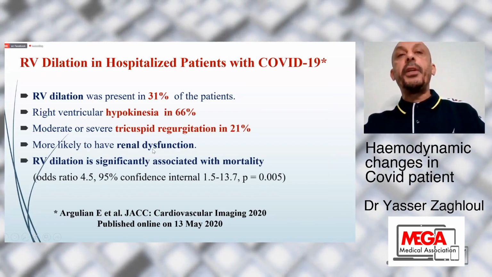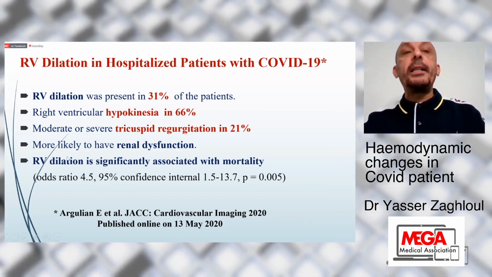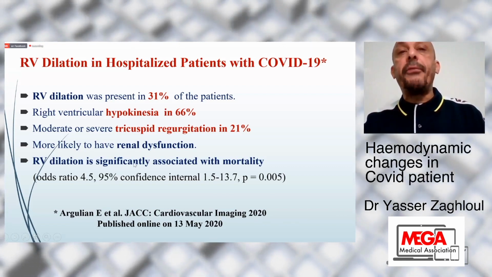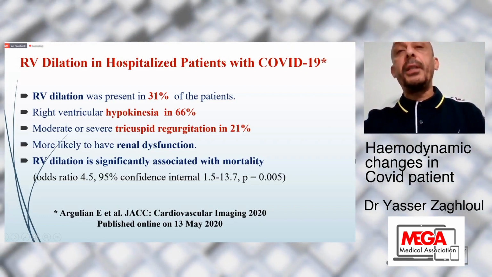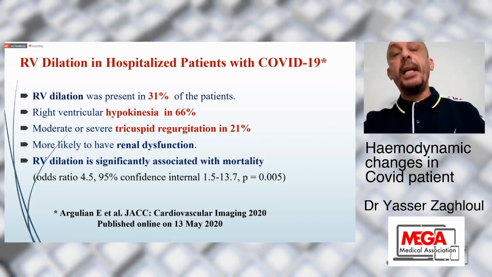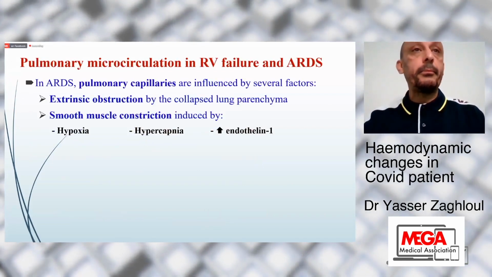Patients had a higher incidence of renal dysfunction if they had right ventricular dysfunction, and right ventricular dilatation is significantly associated with mortality. That's why we focus on the right ventricle, not the left ventricle, in patients with COVID and respiratory distress syndrome.